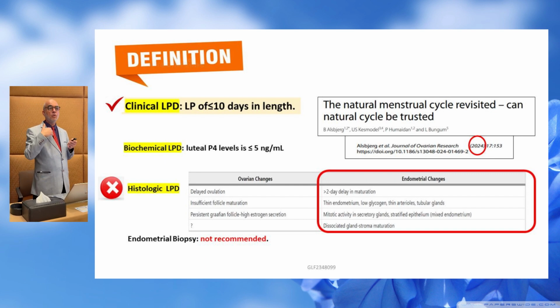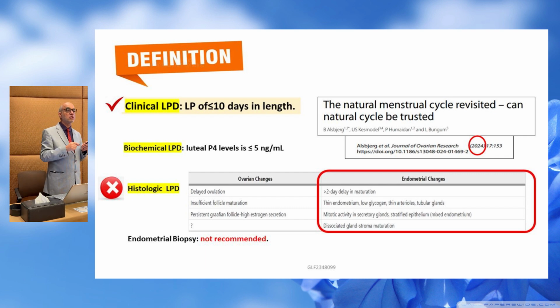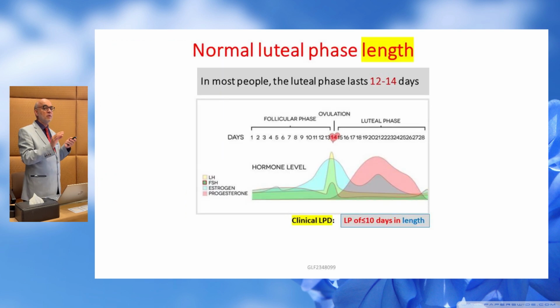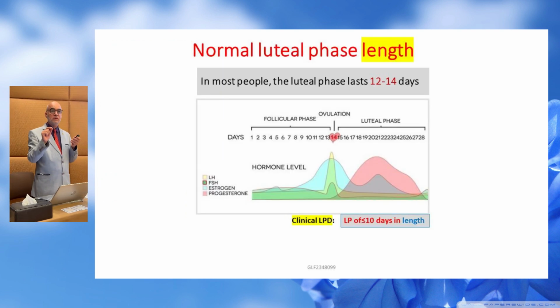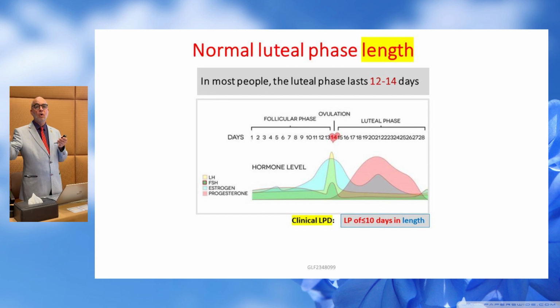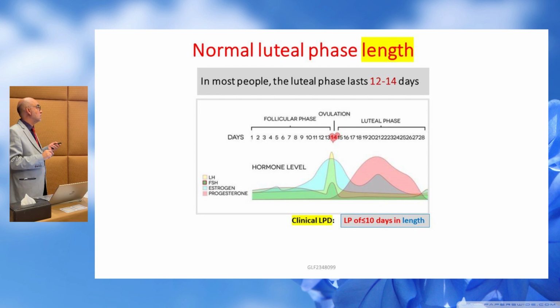And previously, when we were students, they told us that there is a histologic definition of luteal phase defect, that the histopathologist finds retardation of the endometrium 2 days beyond the expected date, and this is nowadays not used. So the definition of luteal phase deficiency is 10 days or less. Usually it is between 12 and 14 days only.